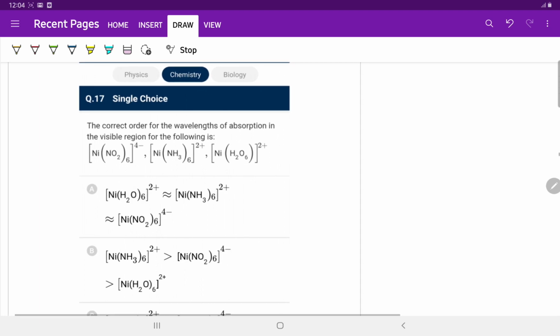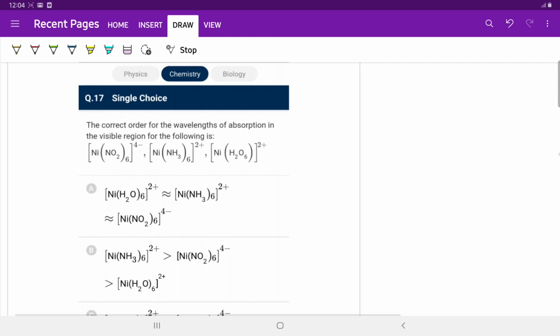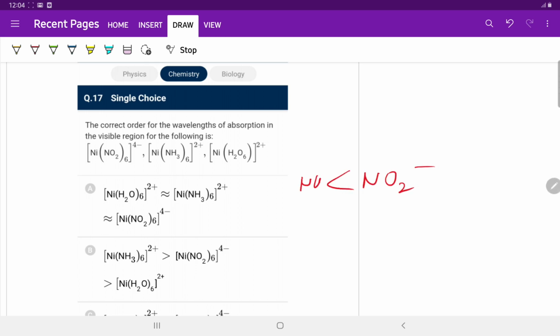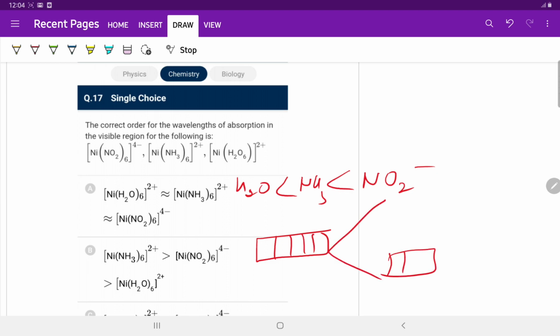The correct order of the wavelength of absorption in the visible region for the following complexes is. In the spectrochemical series, the order of ligands is NO2- is the strong field ligand, then NH3, then H2O, and splitting will take place according to this. This is t2g and this is eg.